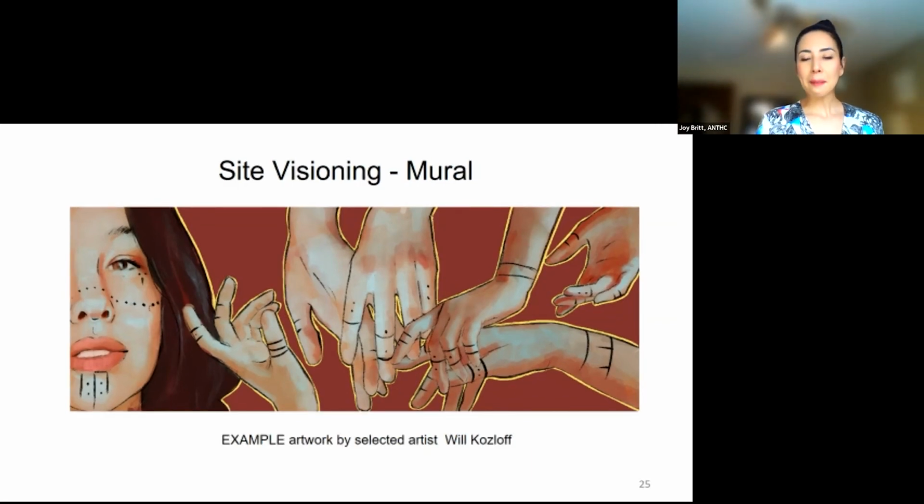So while that's happening, the project of creating a mural to sit on that site is funded by the EPA through the ANTHC Brownfields program. And we selected through RFP an Alaska Native artist named Will Kozloff.